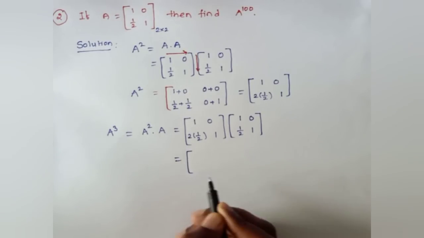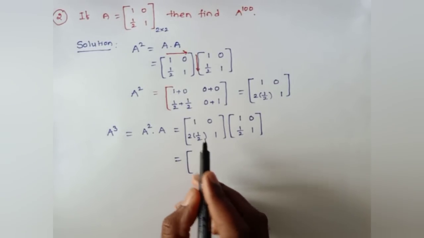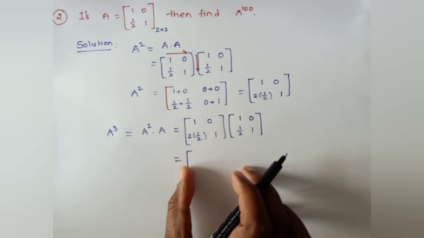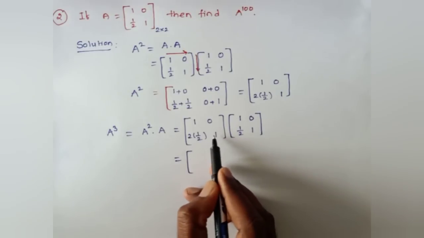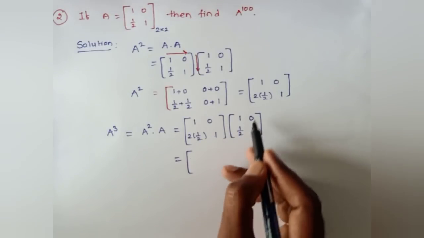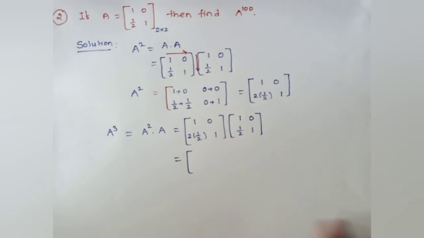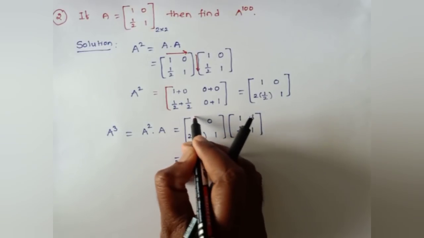In a similar way, to get the resultant matrix elements, you need to multiply the corresponding elements of the rows of the first matrix with the columns of the second matrix.